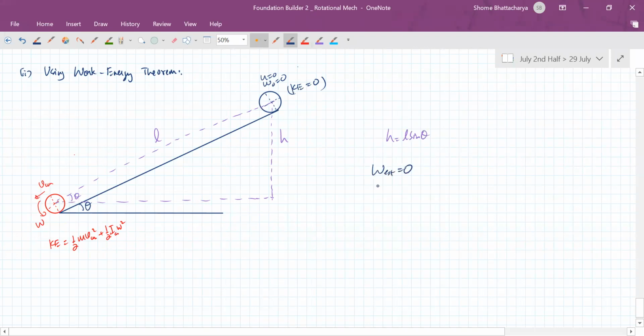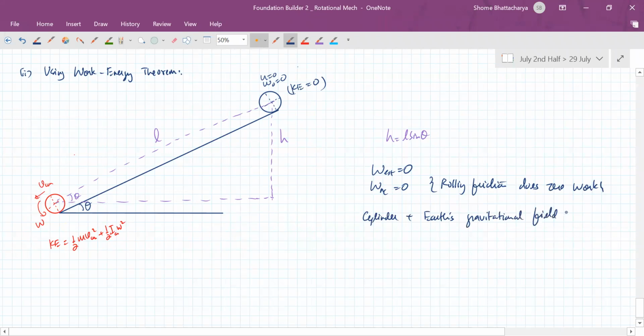Work done by external forces is zero. Work done by friction is zero, or you can say work done by non-conservative forces is zero, because rolling friction does not do work. So if you take the cylinder plus the Earth's gravitational field as your system, then the change in kinetic energy plus change in gravitational potential energy should be zero.